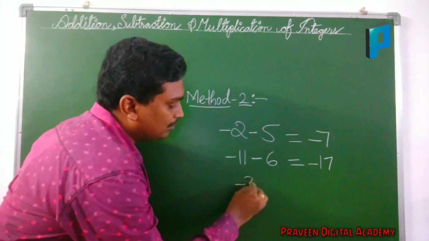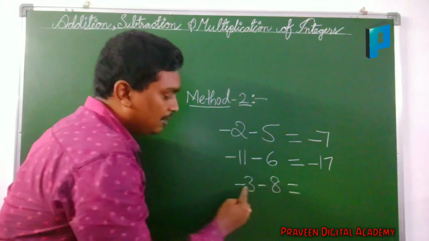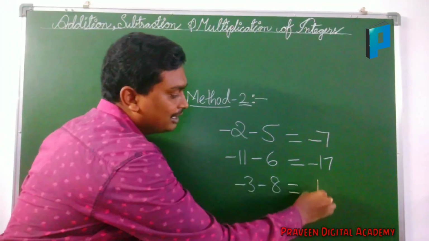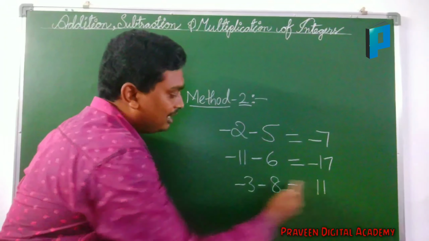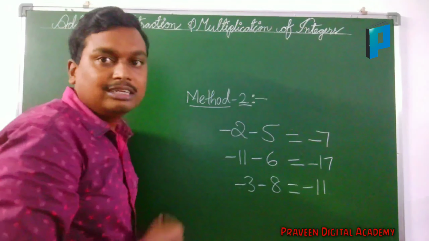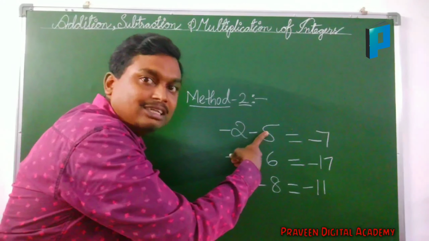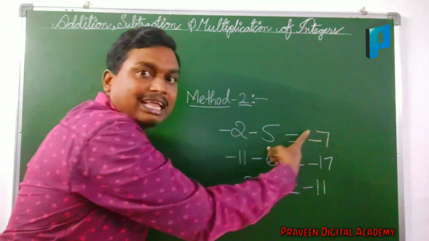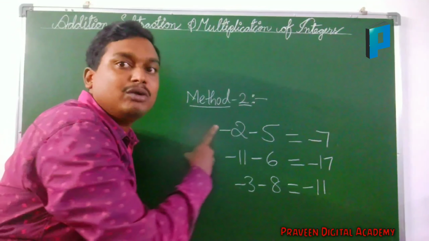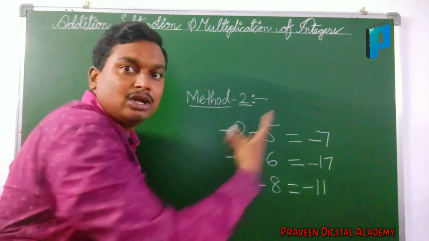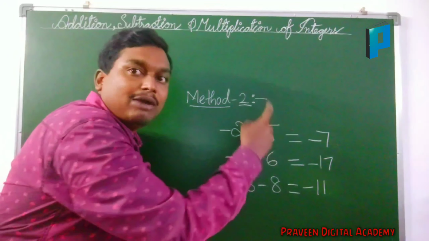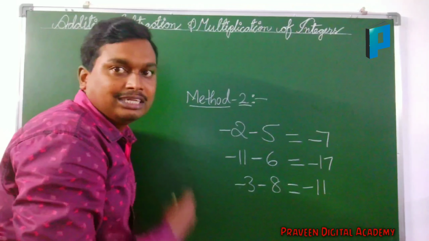If you are having minus 3 minus 8, both minus is there, add the numbers. 8 plus 3 is 11 and minus is there, just keep minus. Whenever you are having both plus signs, we will add the numbers and keep the plus sign. Whenever we are having both minus signs, we will add the numbers and keep the minus symbol.